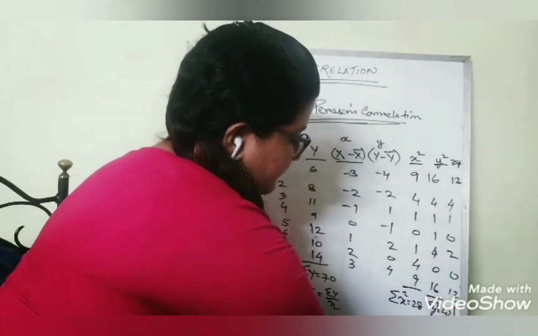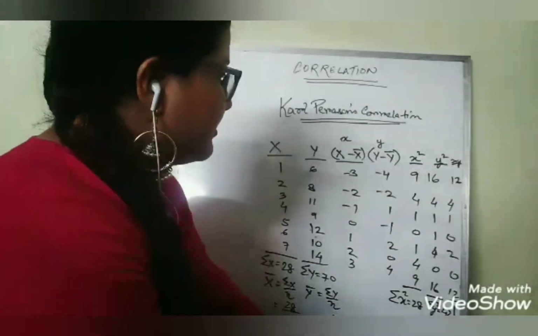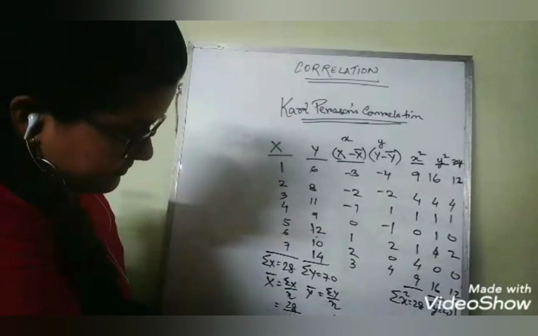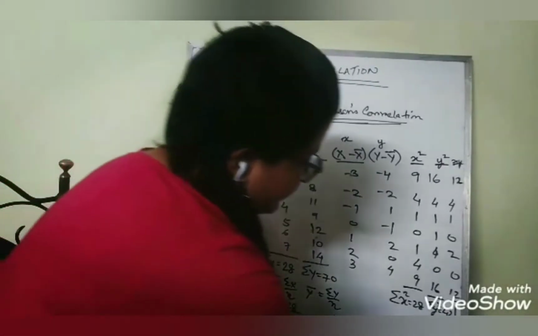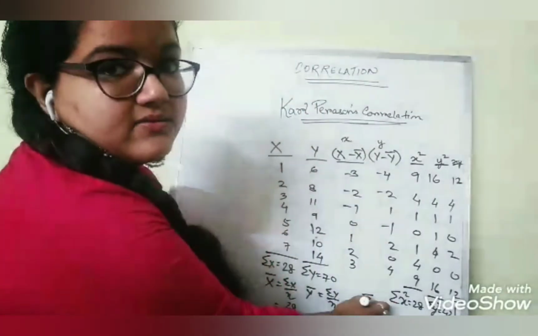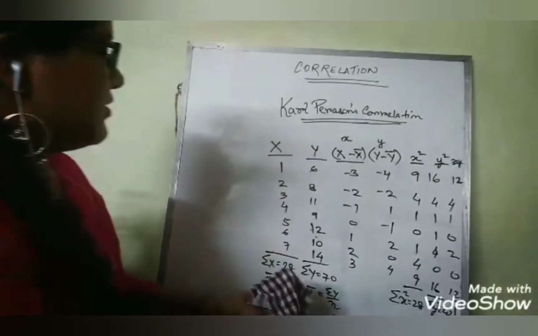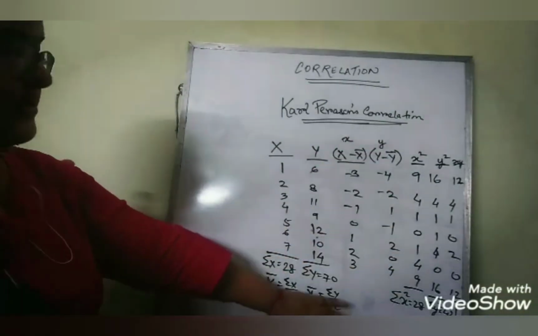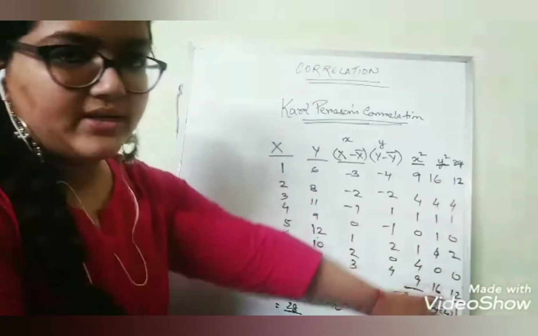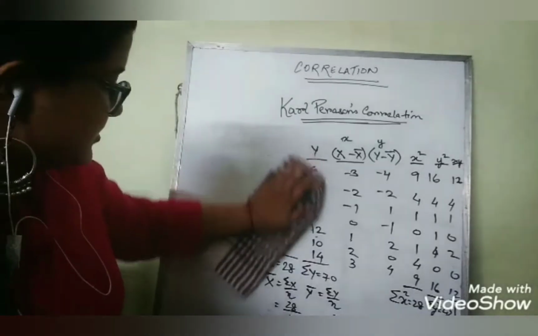So the total of xy is going to be 29. After you complete this, you have to find the total of xy, that is summation xy.